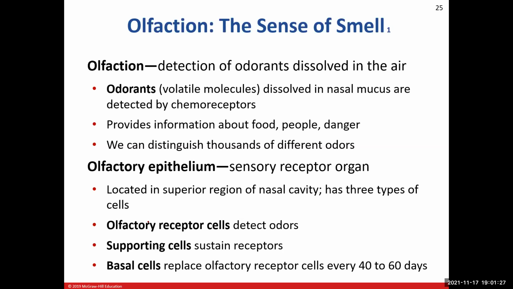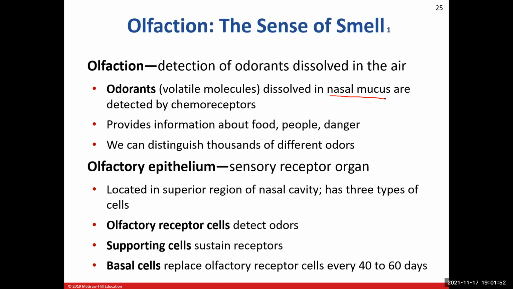So when we talk about odorants, we describe them as volatile molecules. Now, volatile means that they're just very reactive. They interact with a lot of stuff. So these volatile molecules are inhaled, they enter into your nasal cavity, and they dissolve right into the mucous membrane in the nasal cavity.